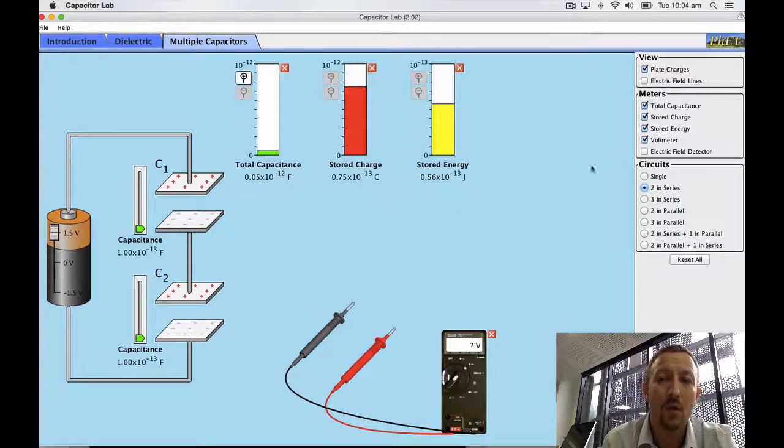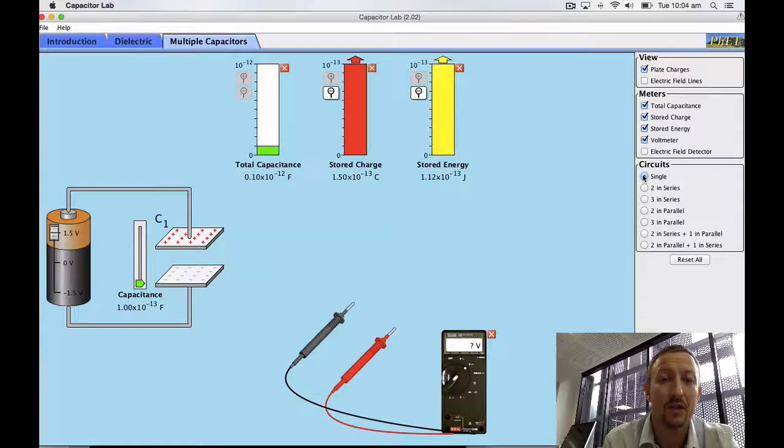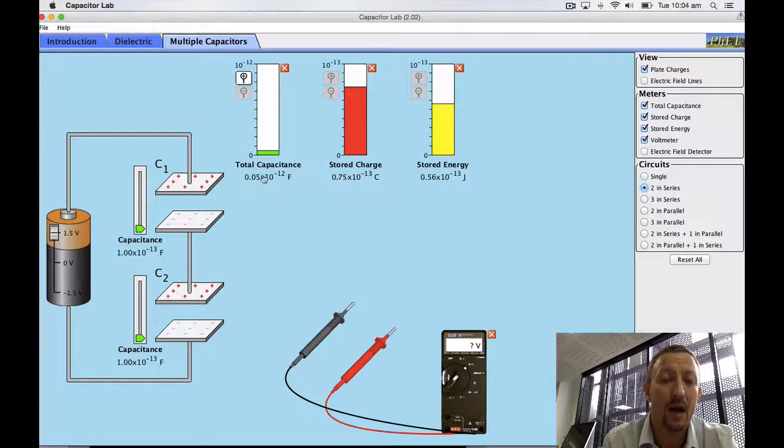Remember, with a single capacitor, look at the total capacitance. It has actually gone down by a half. If you remember the formula for the total capacitance of capacitors in series, it's 1 over C total equals 1 over C1 plus 1 over C2. So it's gone down by a half, so that obeys the law.